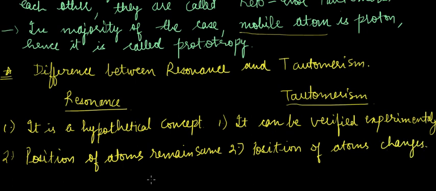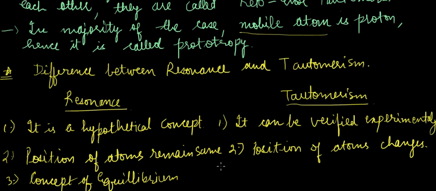The third point is, the concept of equilibrium and thermodynamics is not applicable to resonance, but these concepts are applicable to tautomers. In resonance, the concept of equilibrium is not there, whereas the concept of resonance hybrid is there, which is derived from all the resonating structures. But the concept that one resonating structure will convert itself into another resonating structure at some equilibrium is not there, because it's a hypothetical concept.